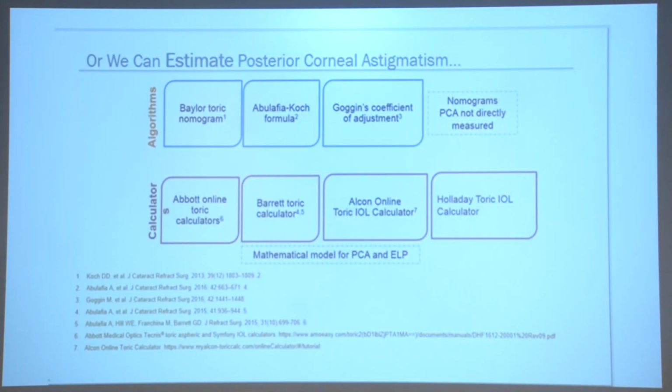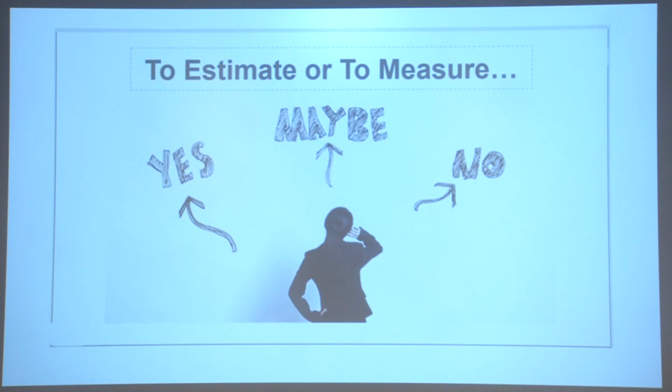Now there has been confusion because we have so many nomograms: Wheeler nomogram, Abulafia-Koch nomogram, Koch coefficient. We have so many calculators which either incorporate the total corneal power or assume it using nomograms. So whether we have to estimate the PCA power or measure the PCA power was a very important thing to consider.